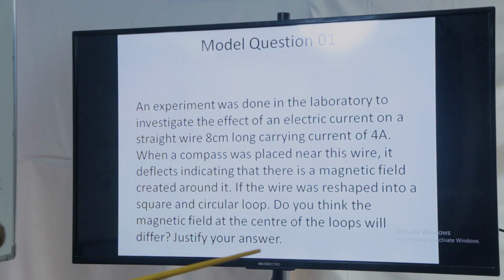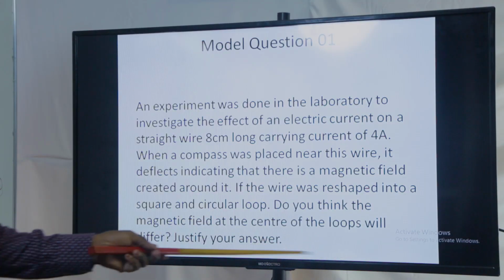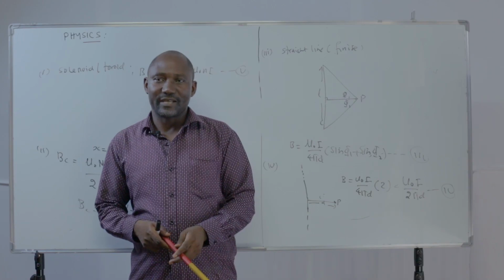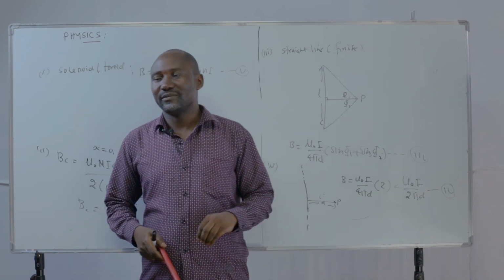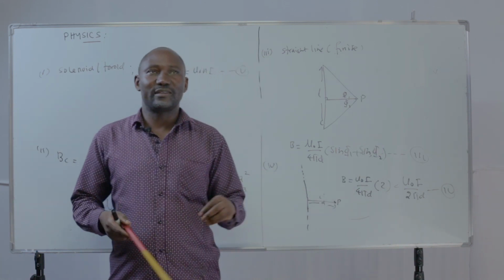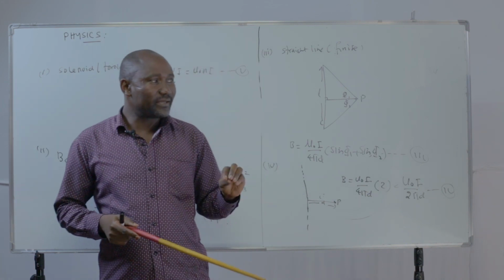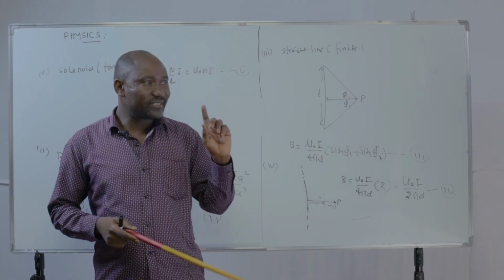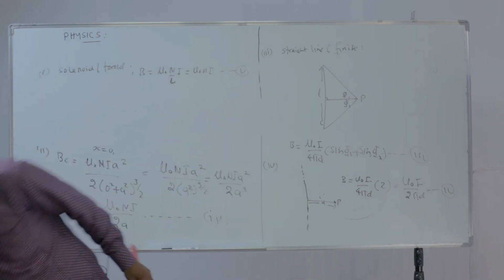Now the question is, do you think the magnetic field at the center of the loops will differ? Just fire your answers. That's where the competence-based questions come in. You will not be given straight questions. You will be given questions that need you to know and apply different techniques. Now, to start with, the question is asking that we had a wire. Let's start with the diagram.